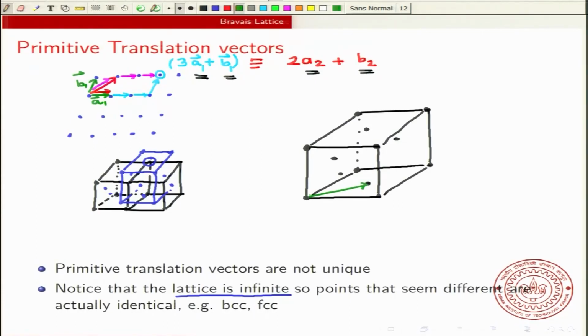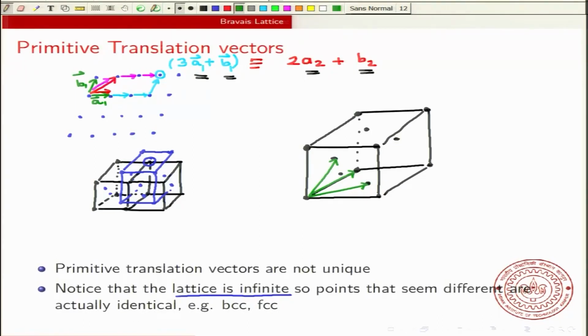Let me take this, and let me take a third one along this. Okay, and you can show that any point can be written as a linear combination of these points. Any lattice points can be written as a linear combination of these points.